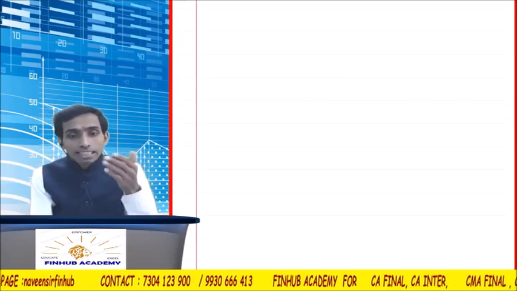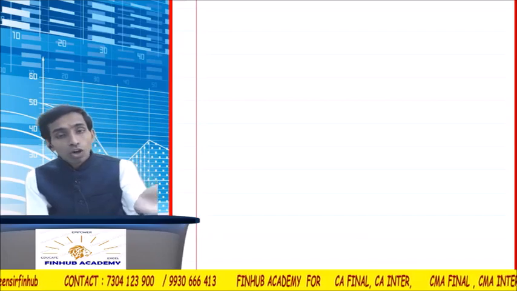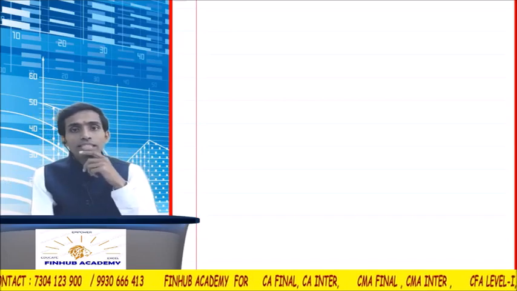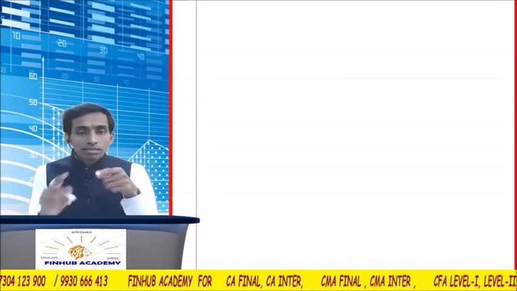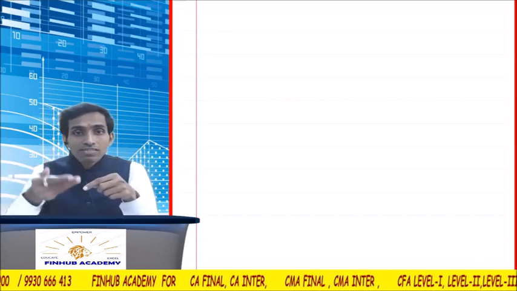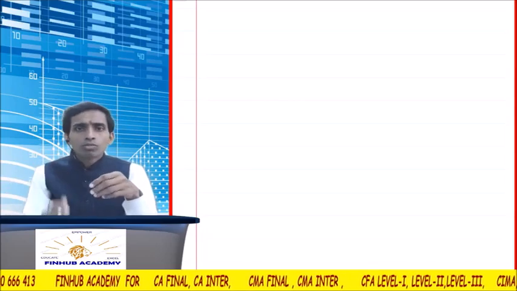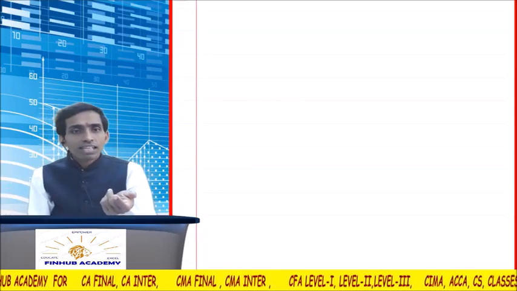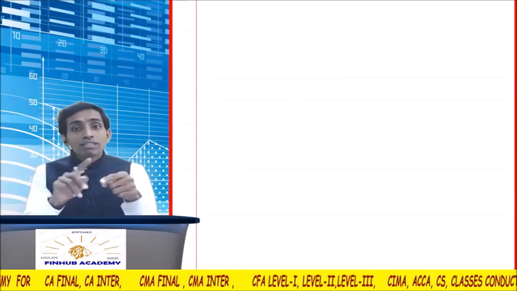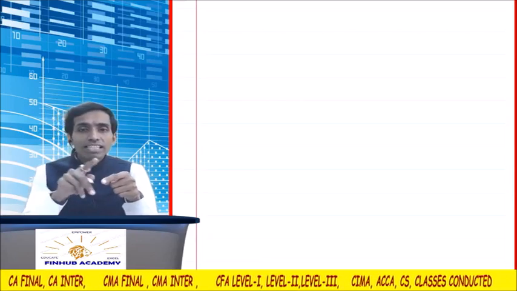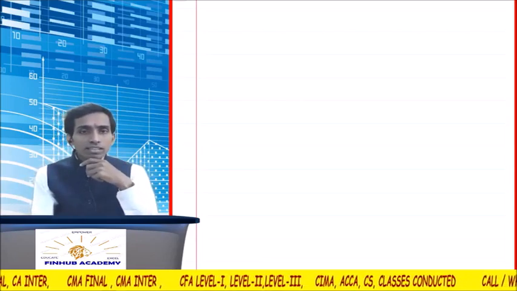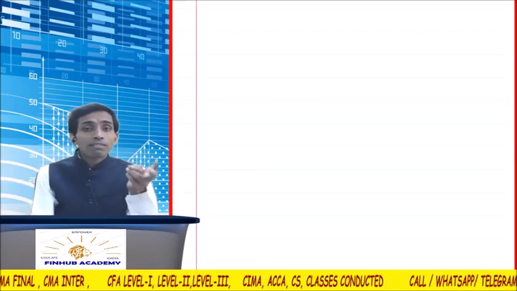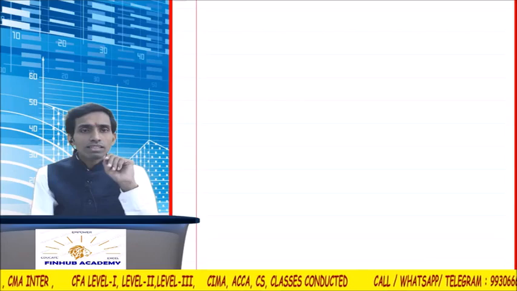Collection period. Credit period is given by the company, but your investment is blocked for how many days? That is the collection period. Collection period means the customer pays within 40 days, which means your fund is blocked for 40 days, though the company's policy may give 20 days credit. If nothing is given, then the credit period itself is the collection period. That is what we have done in one or two sums. But if both come, the average collection period should be taken.